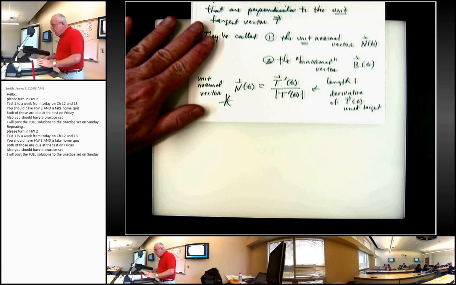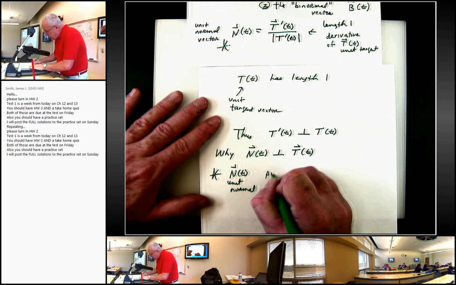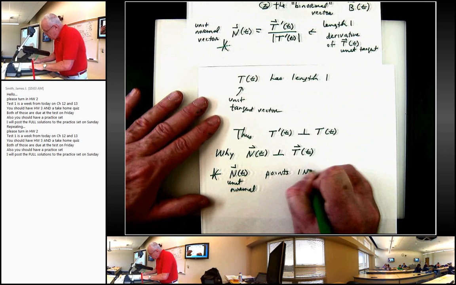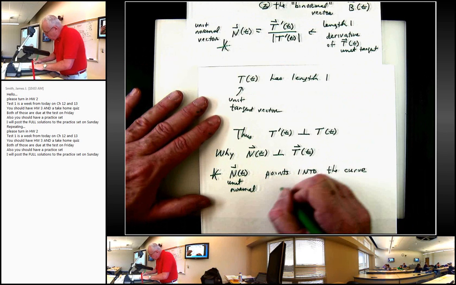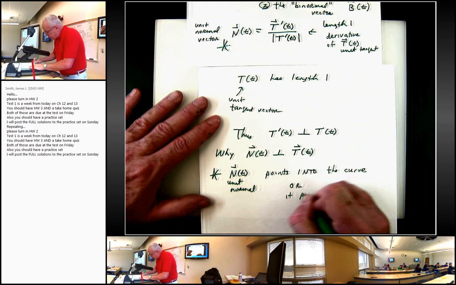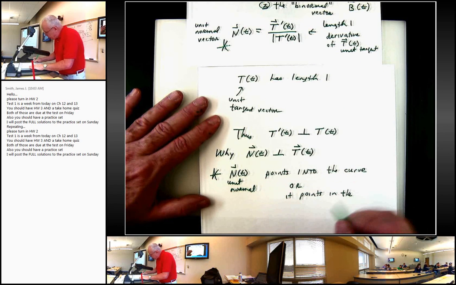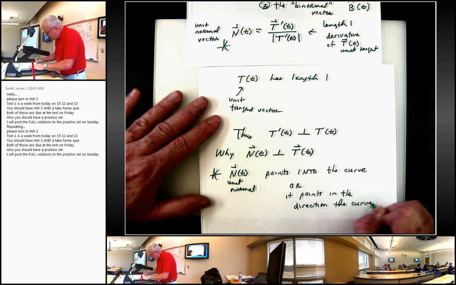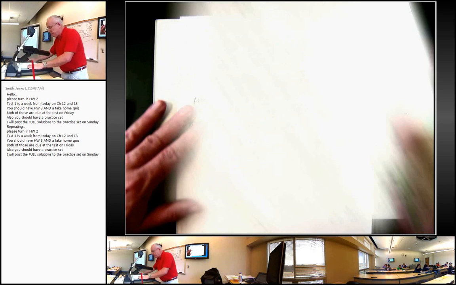The unit normal vector points into the curve, or it points in the direction the curve is turning. In the direction the curve is turning. So that little fact we need to just remember.